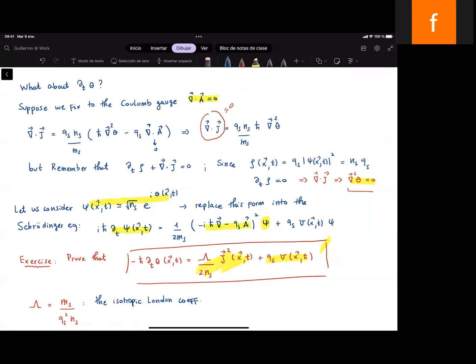In a particular case, look, we are working in a specific gauge, which is the Coulomb gauge, first of all.